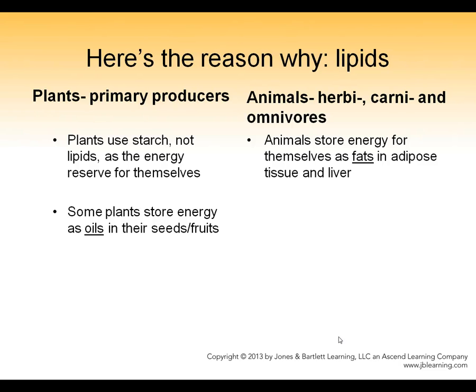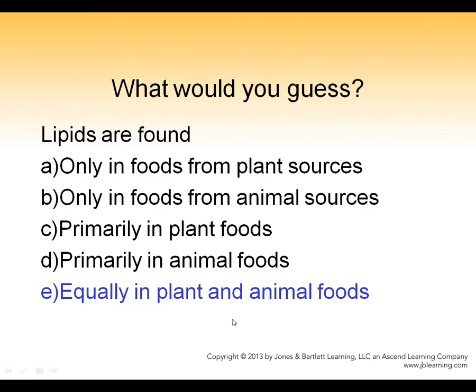If plants do store energy as oils, it will only be some of the plants, and those oils will only be found in their seeds and in their fruits, not in the main part of the plant, not in the leaves, not in the stems.